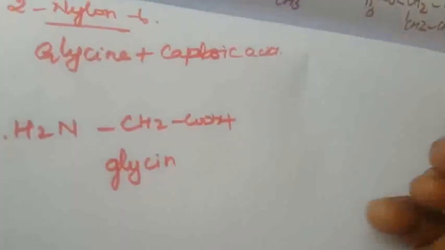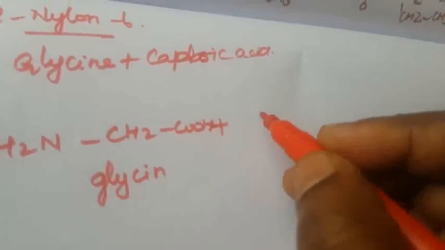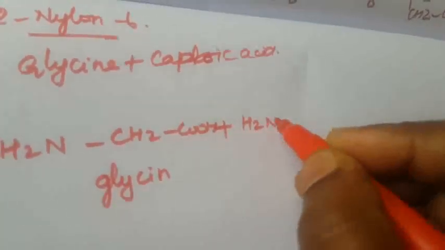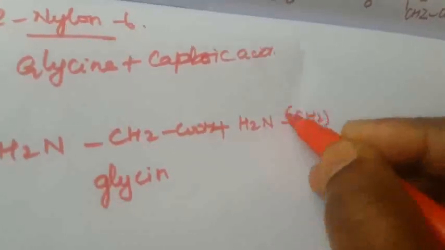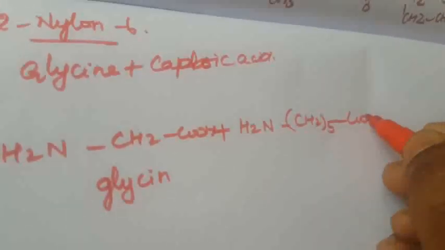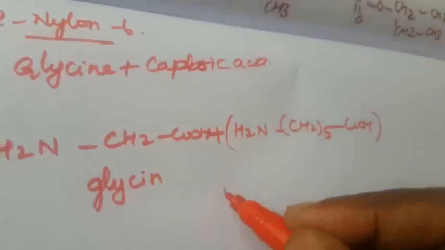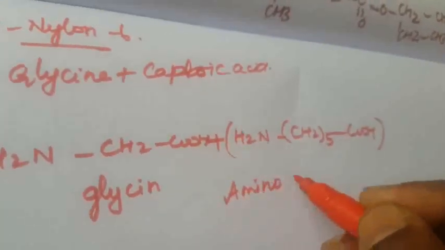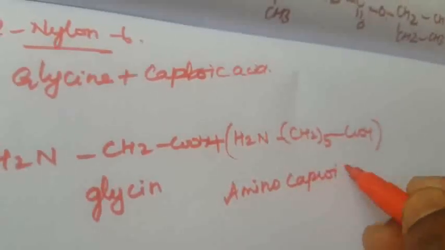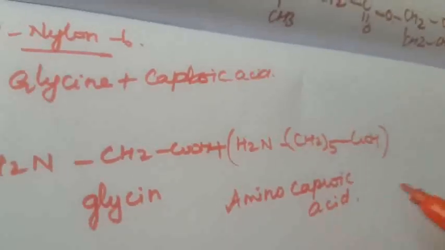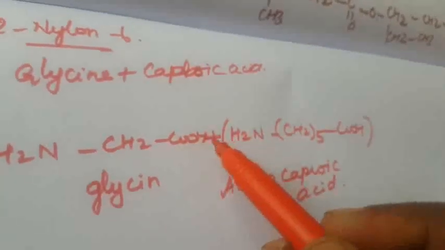Then aminocaproic acid. What is the formula of caproic acid? H2N, then CH2 five times, COOH. Okay, so this is the another one, aminocaproic acid. Here also the water molecule will be removed, right?